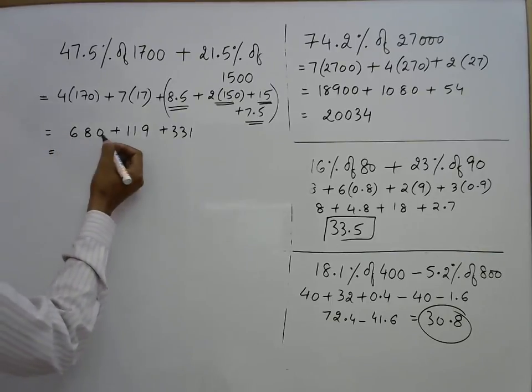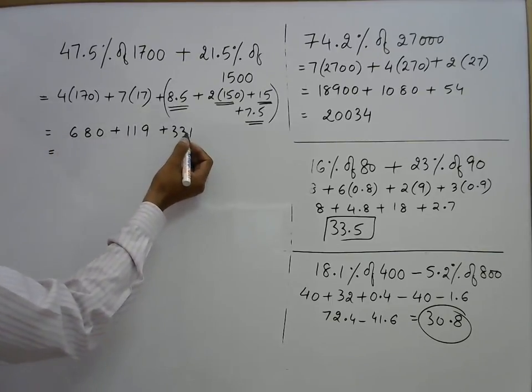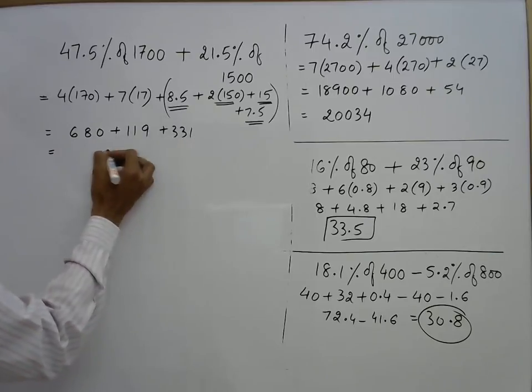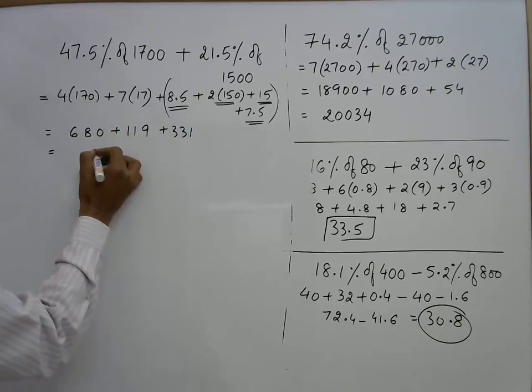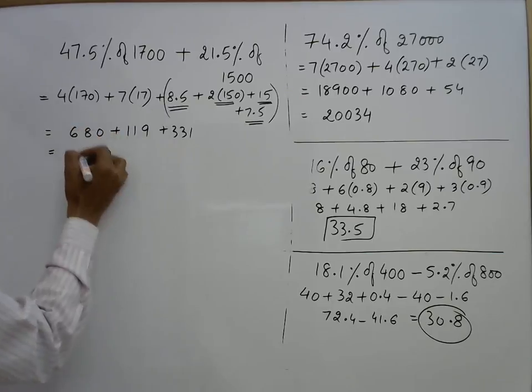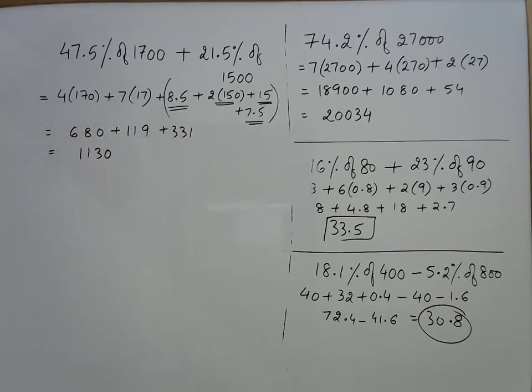So 600. Okay, we can add from the unit place: 9, 10, 0, 1 carry, 4, 5, 13, 3, 1 carry, 4, 5, 11. So 1, 1, 3, 0 is what I was looking for. 1, 1, 3, 0.